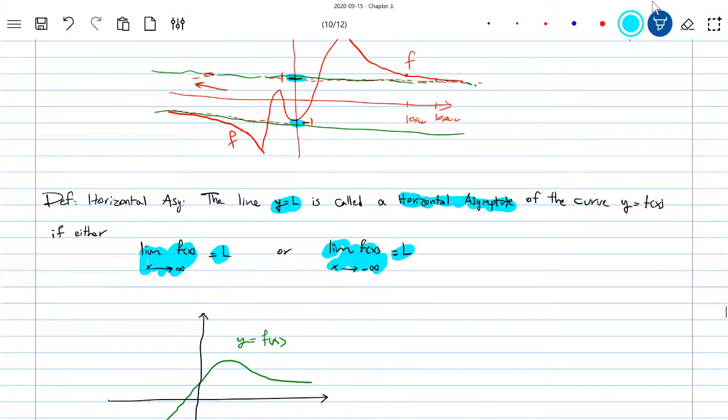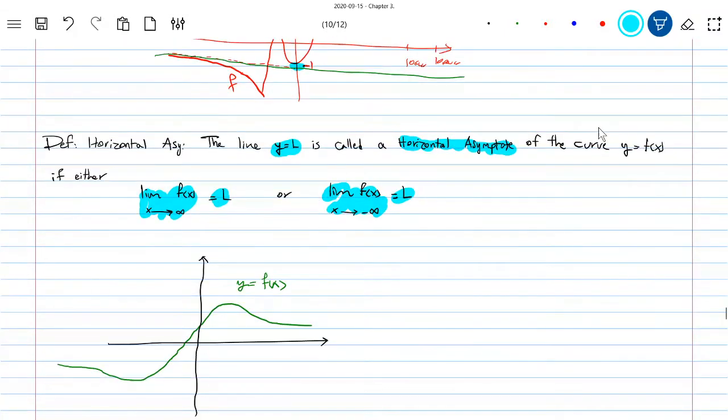So in the last example, the positive infinity limit was 1, so the line y equal to 1 became the horizontal asymptote. And if we looked at the left-hand side, the function will approach y equal to negative 1. Therefore, y equal to negative 1 was another horizontal asymptote. We had two of them.